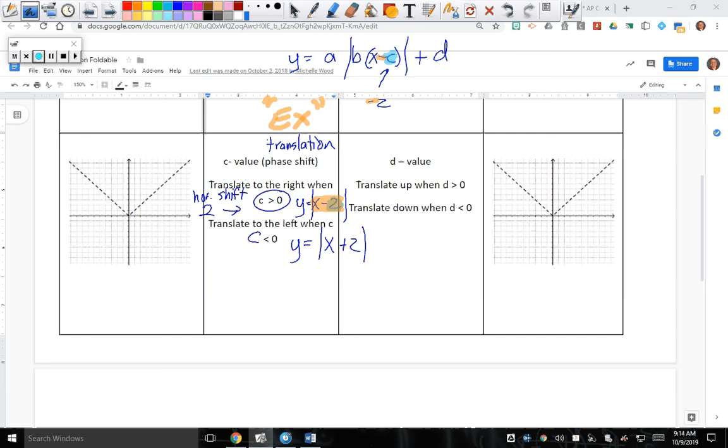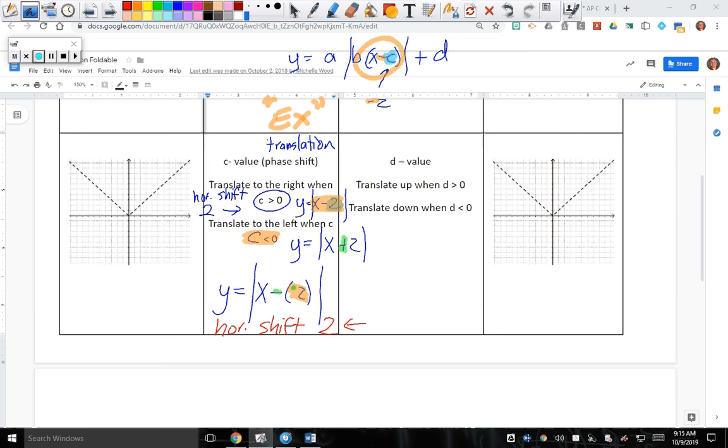Because from my equation up here, it's X minus a negative 2. So if C is negative, which is a negative 2, and I'm using this equation, a negative times a negative would become a positive. But again, I teach students this. If you're with the X, just do the opposite. Instead of moving 2 to the right, you're going to shift 2 to the left. So let's go ahead and write that in. So we'll say a horizontal shift or translation 2 units to the left.